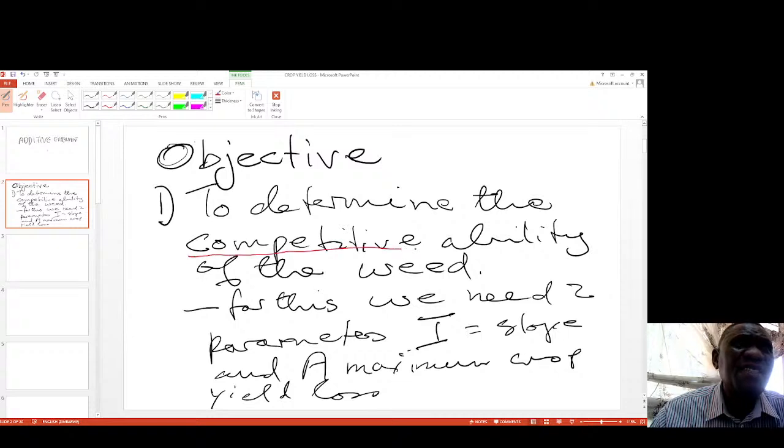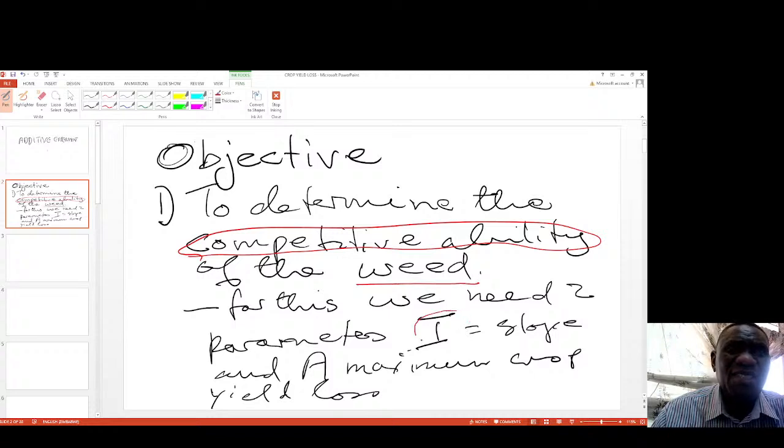So we want this competitive ability of the weed, which is determined by these two things.